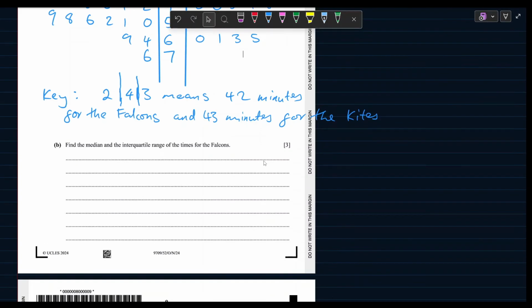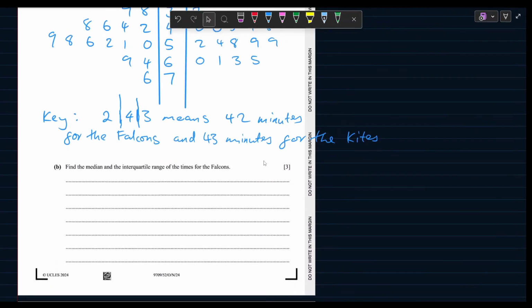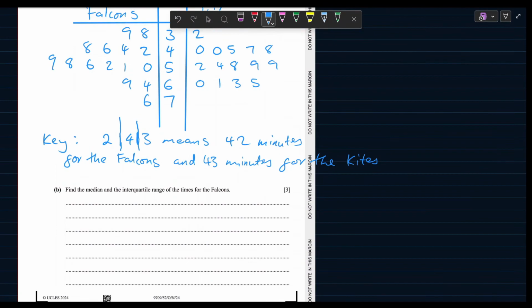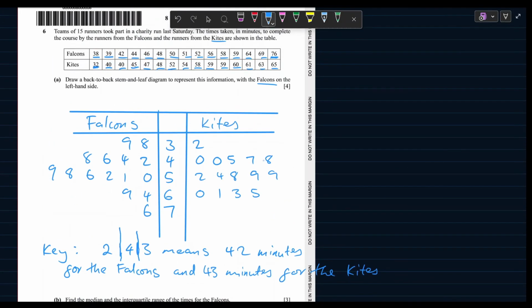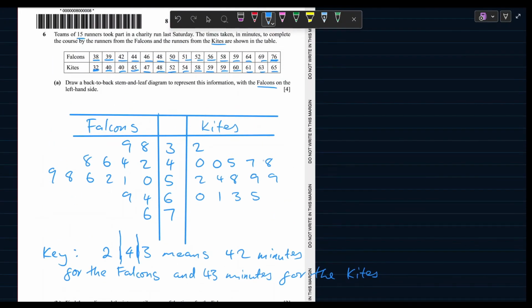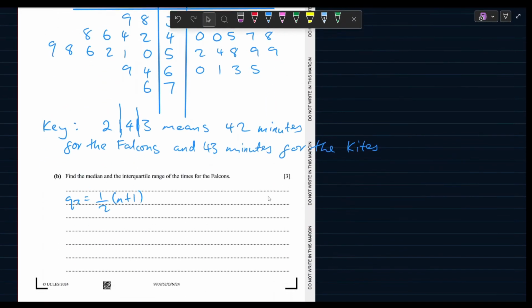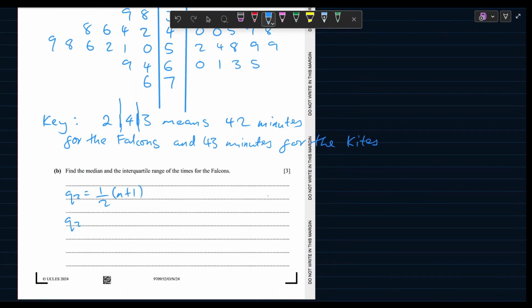Part B, find the median and interquartile range of the times for the Falcons. So the median position is going to be at half n plus 1, where n is our sample size, we are looking at 15 runners. So median position is half times 15 plus 1, so that's half of 16.